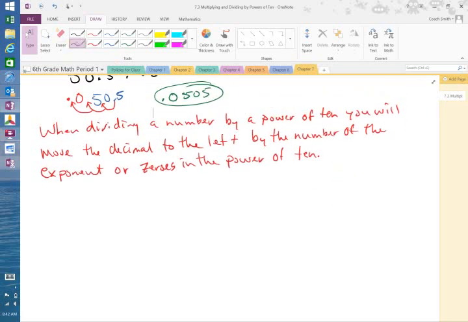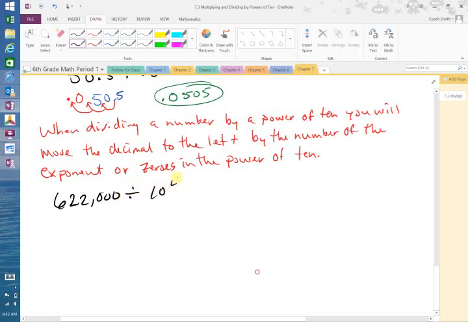Okay, let's look at another example: 622,000 divided by 10 to the fourth power. Where is my decimal in 622,000? At the end. It's right here.